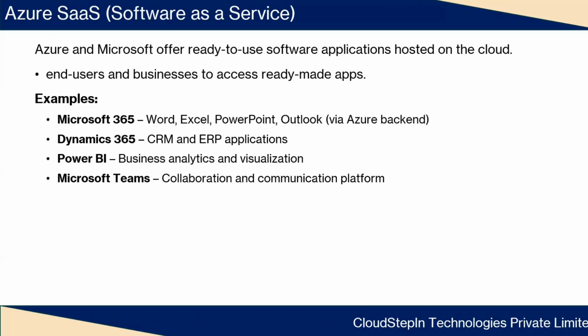Microsoft offers several SaaS-based solutions that are widely used by both businesses and individuals. An example of a SaaS product is Microsoft 365, which includes Word, Excel, PowerPoint, Outlook, and other Office apps.